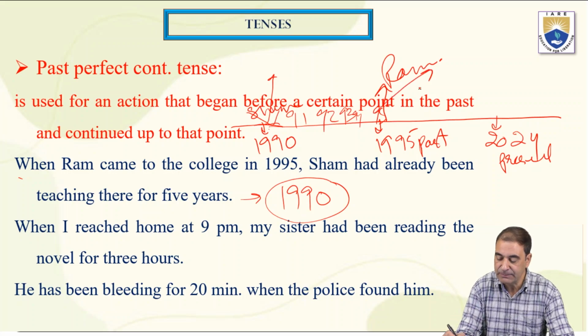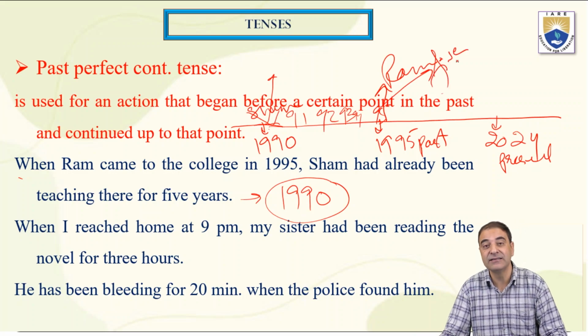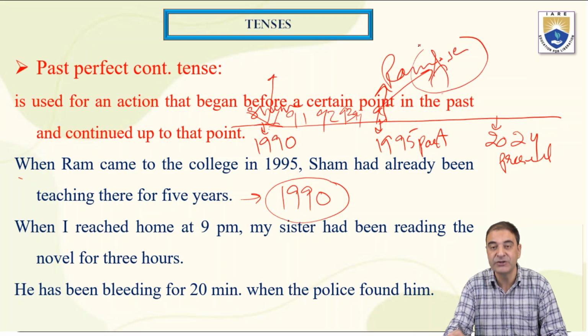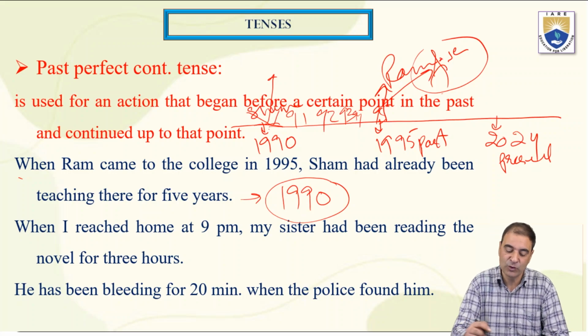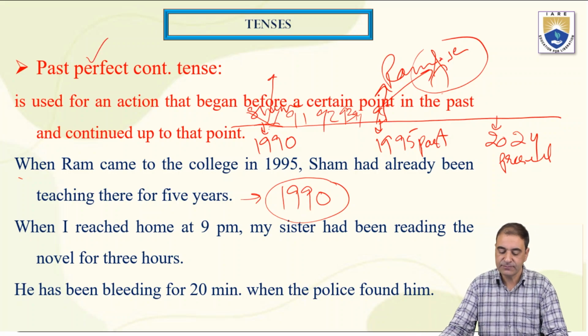But he had completed his 5 years of teaching there in 1995. That's why we call it completion, because the 5 years have been completed. His 5 years of teaching had been completed in the year 1995. That's why we call it perfect, because perfect gives the idea of completion.